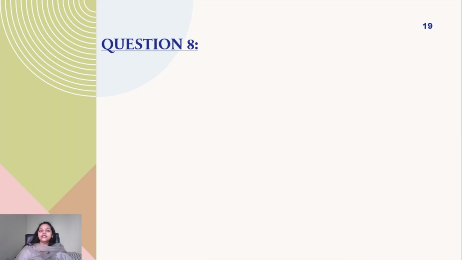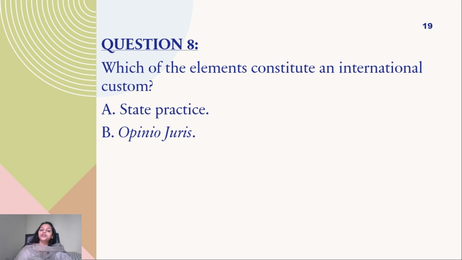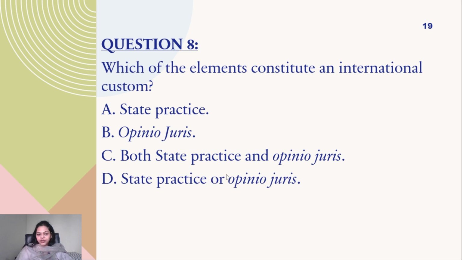Let us now see question number 8. It says, which of the following elements constitute an international custom? A. State practice. B. Opinio juris. C. Both state practice and opinio juris. D. State practice or opinio juris. So "or" between two phrases would mean either of these.